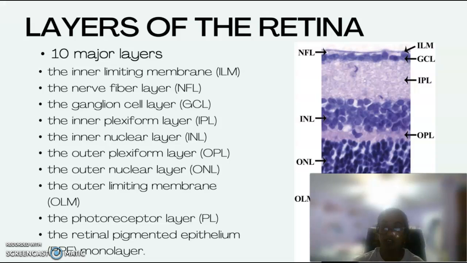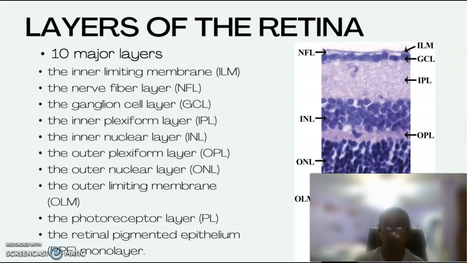The third layer, the ganglion cell layer, predominantly contains the nuclei of ganglion cells, vessel cells, glial cells, and some displaced amacrine cells. The fourth layer is the inner plexiform layer, where bipolar, amacrine, and ganglion cells interact.